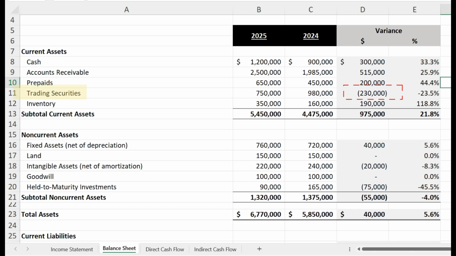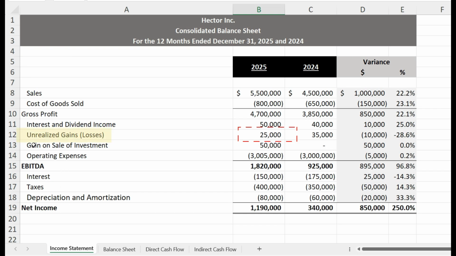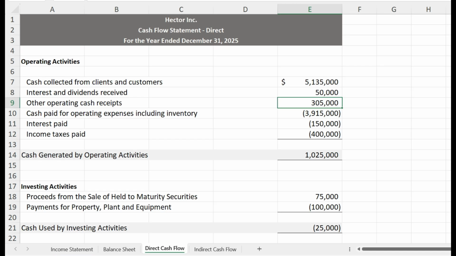But we also want to factor in the impact of trading securities. So we're going to take that from the balance sheet. And the last piece we're going to grab is unrealized gains from trading securities, because they impacted the balance sheet change for trading securities. So I want to make sure I factor in that as well, so I have the full cash impact from that sale that took place in 2025.